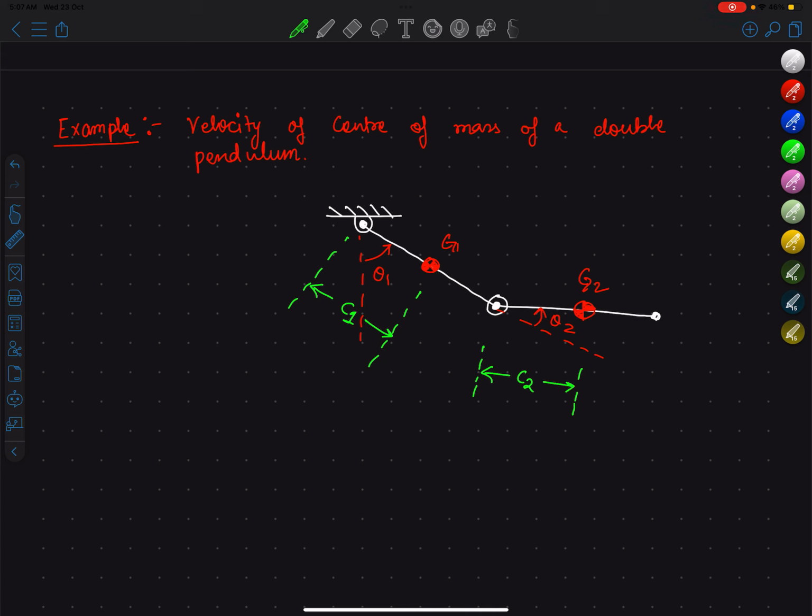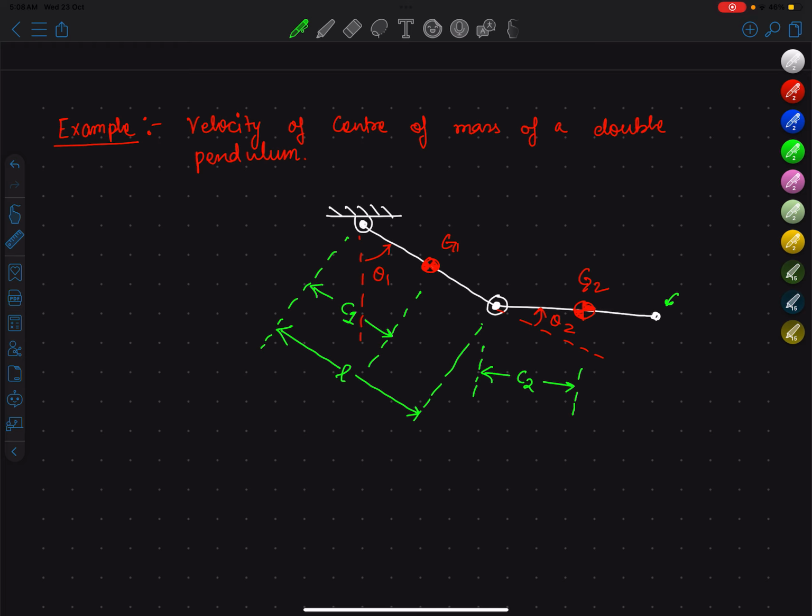Alright, and the overall link length be L here. Because we don't need to find the velocity of this point, we don't need the length of the other link. We just need the distance C2 of the center of mass of the second link.